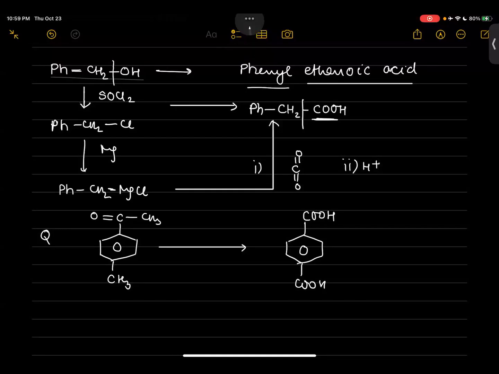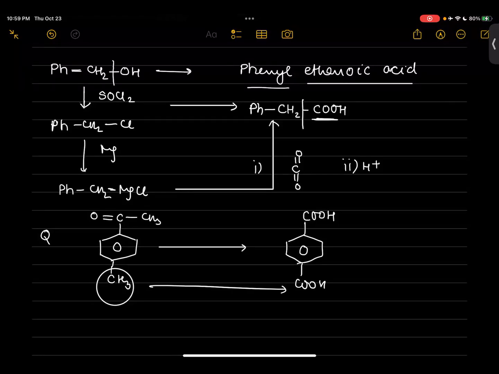What are we doing? This methyl is getting converted to carboxylic acid. Okay. And this COCH3 is also getting converted to carboxylic acid. So what we are doing, we are reducing, or what should I say?